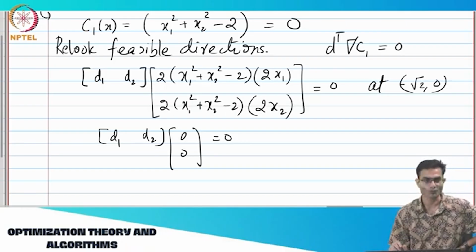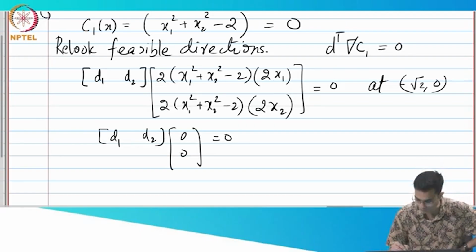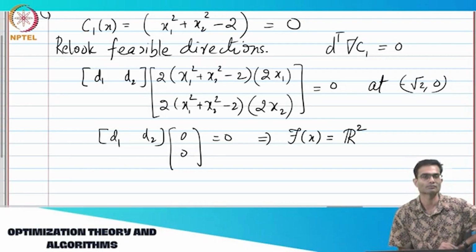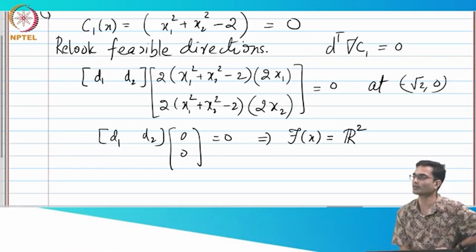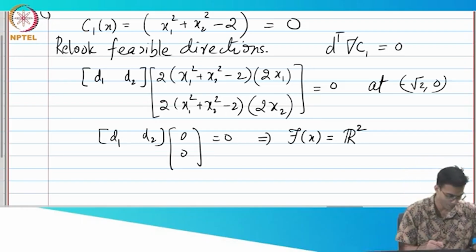So does this mean d1 equal to 0 or d2 equal to 0 or no? It means d1, d2 could be anything, right? So this tells me that my feasible set is equal to, pick your favorite d1, d2, it satisfies these conditions, right?